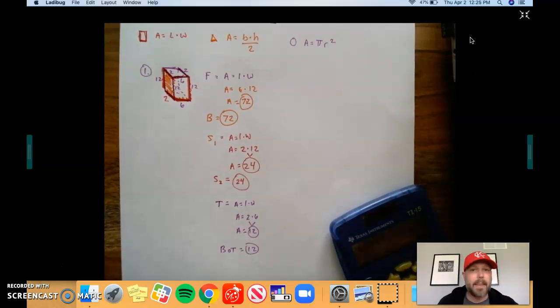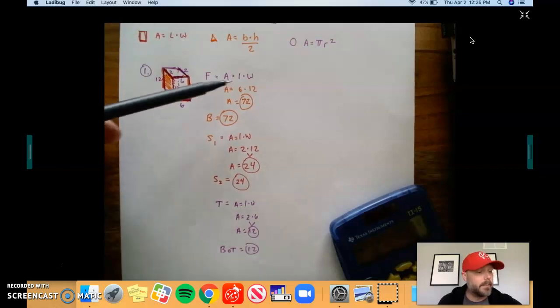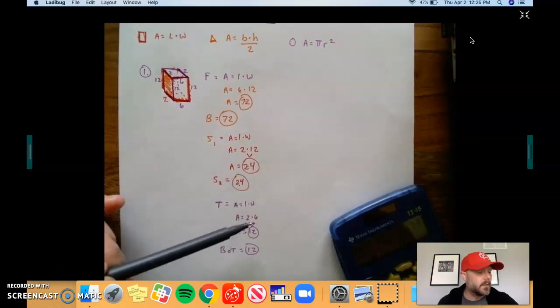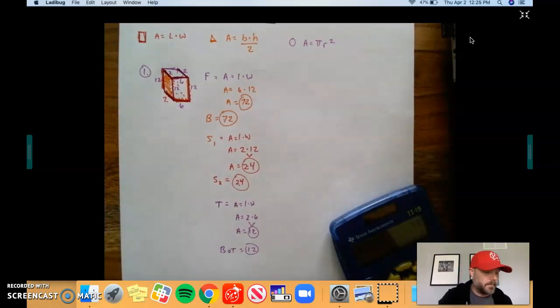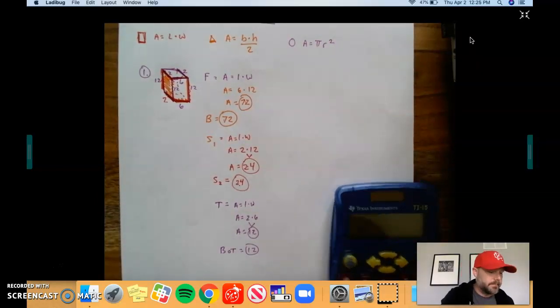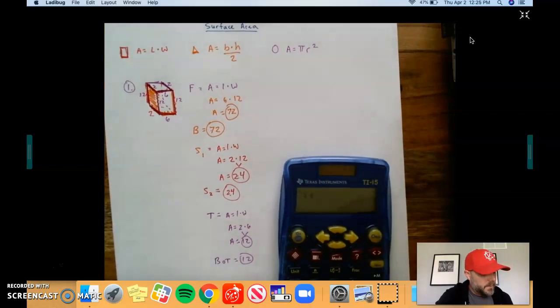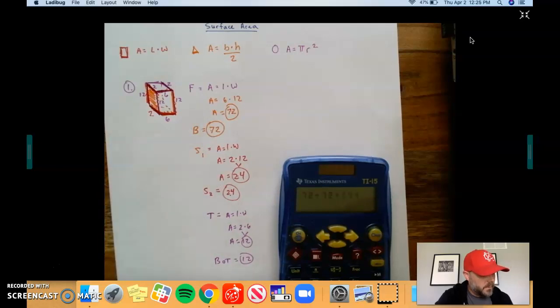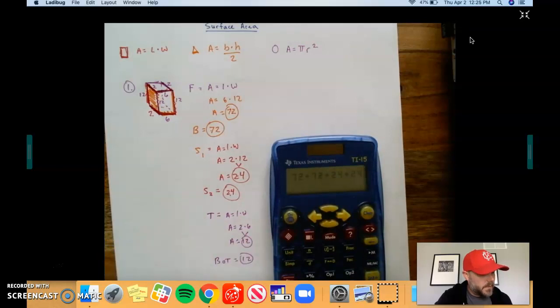What I need to do now is just add them all up, right? Because I have my front, my back, side 1, side 2, top, and bottom. So let's just add them up. 72 plus 72 plus my sides, 24 plus 24 plus my top and bottom, so plus 12 plus 12.